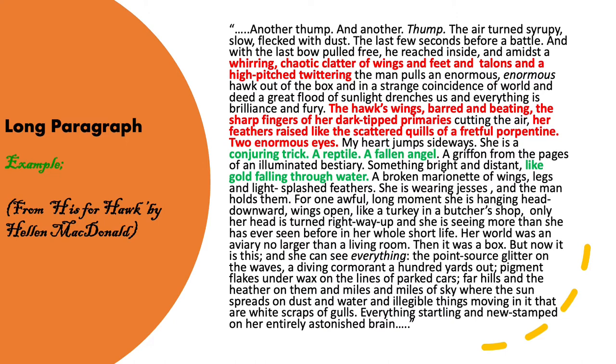The sound of its wings and feet, its fingers, feathers, and eyes, and also a lot of similes and metaphors are used to describe its brightness and stunning physical appearance. So, the paragraph is structured comparatively lengthier than other paragraphs for effect.